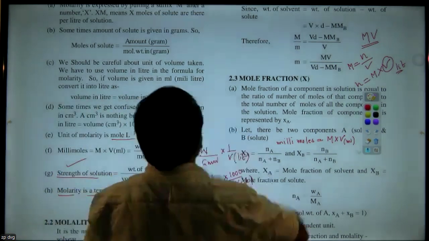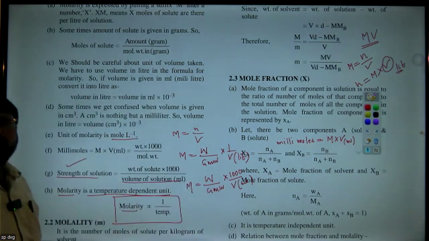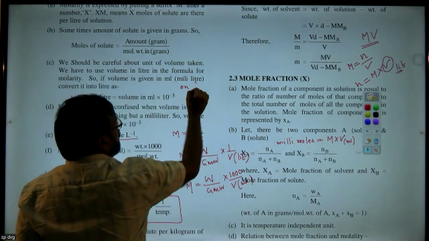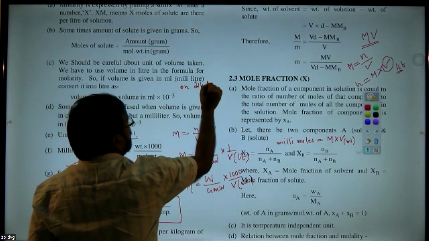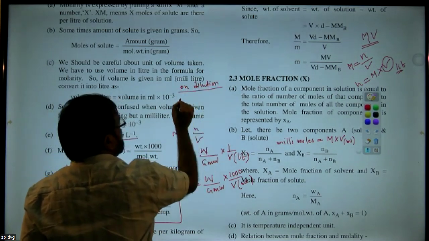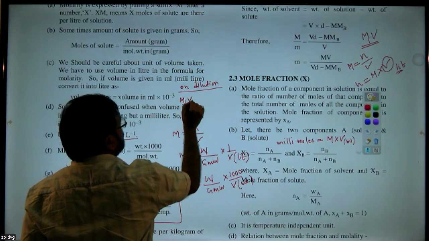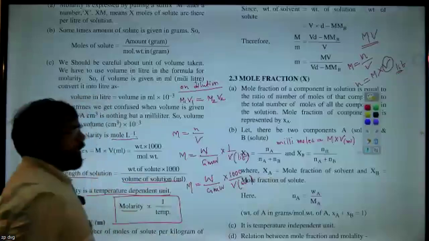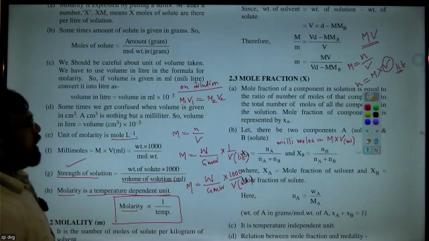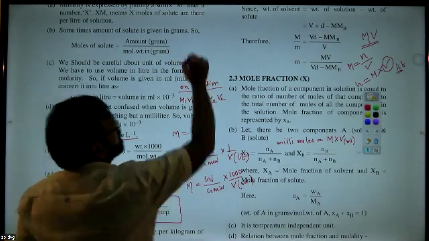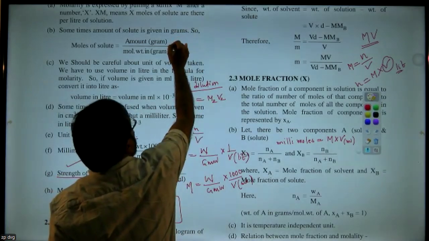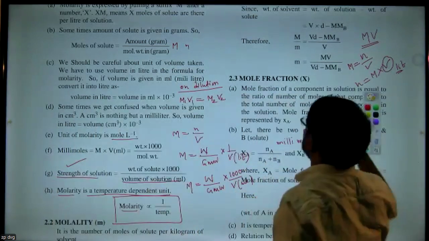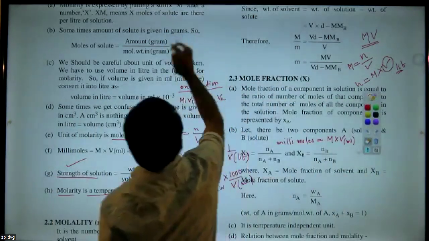Next, in molarity some other formulas we can also use. On dilution condition, what formula do we use? M1 V1 is equal to M2 V2 on dilution. Molarity of the mixture we can also calculate.